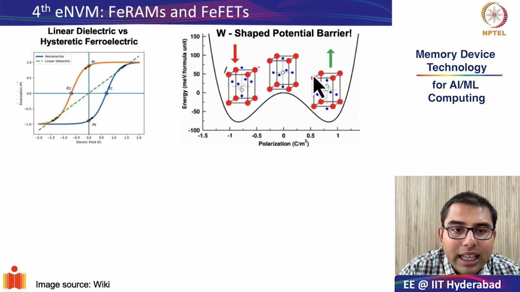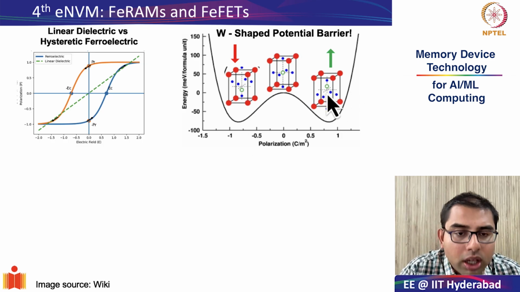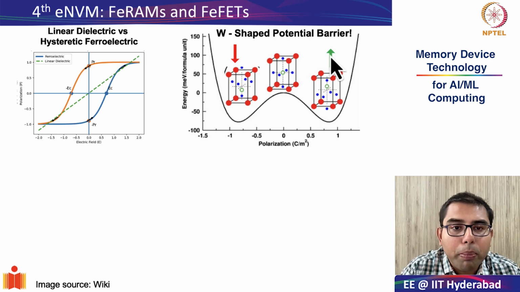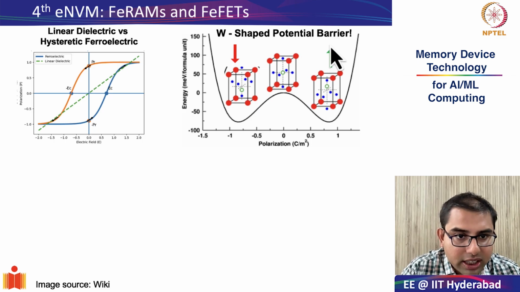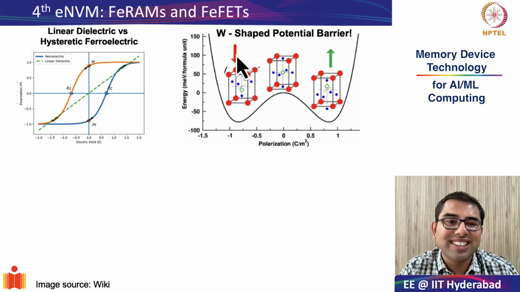As you can see in the box of cubic structure, you have titanium right at the middle, and this titanium position has two stable states. In the first state, the titanium is slightly above, and this represents the up polarization state, and then where titanium is slightly below, this is your down polarization state.